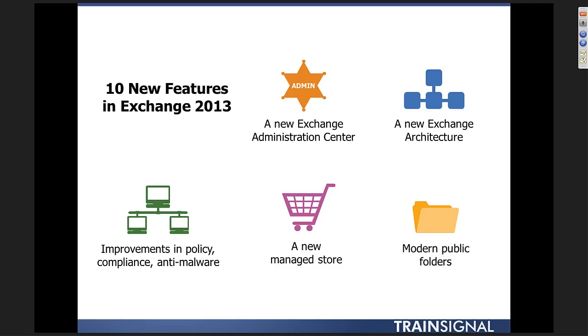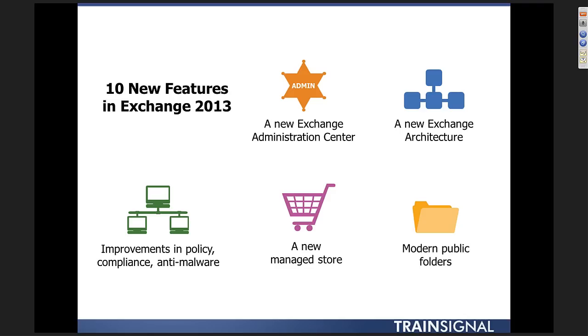You no longer have to choose. When you go to install server roles, there's only 2 choices: client access server or mailbox server, or you can select both checkboxes and install both on the same machine. But unified messaging is automatically installed with the mailbox server role. So you might be thinking, okay, that's great, but what about my hub transport server? Obviously that's important, isn't it?